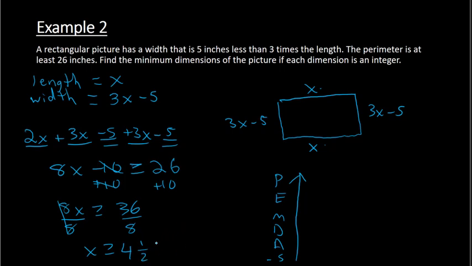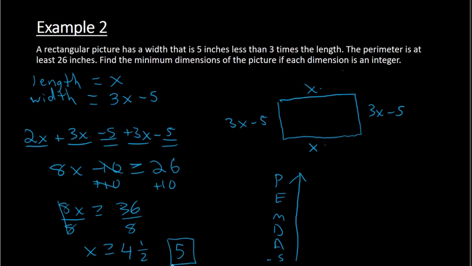All right, so we have solved the inequality. We are pretty much done. We just need to put everything together now. So we're finding the minimum dimensions of the picture if each dimension is an integer. So integer means a number without a fraction. So if x is bigger than or equal to 4.5, the next integer bigger than this would be 5, right?